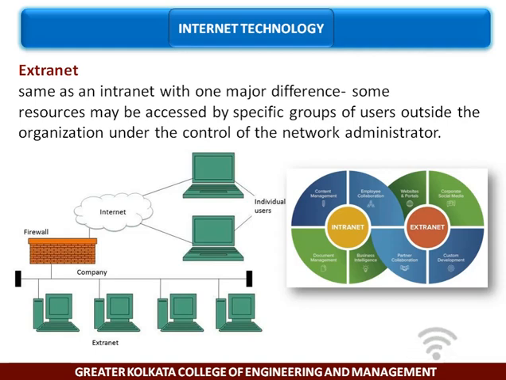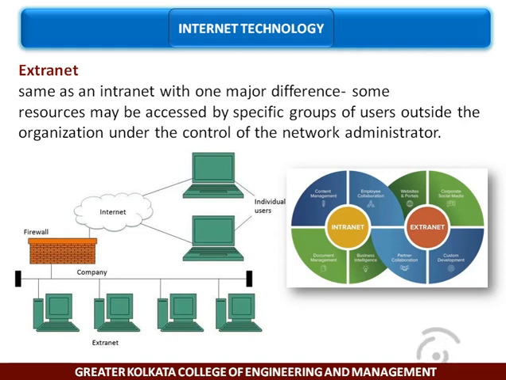Now, extranet versus intranet. Extranet is an internal network that can be accessed externally, but an intranet is an internal network that cannot be accessed externally. Extranet is an extension of a company's intranet, whereas in the intranet only limited users of a company can access it.